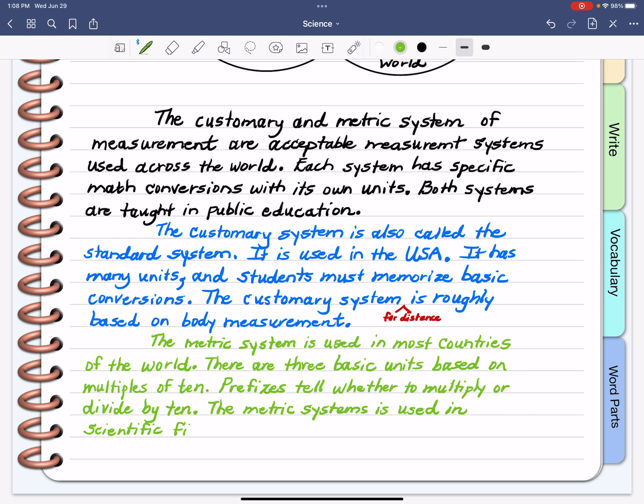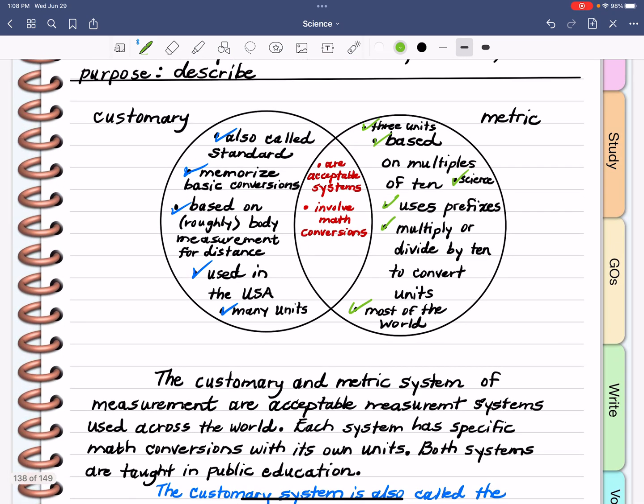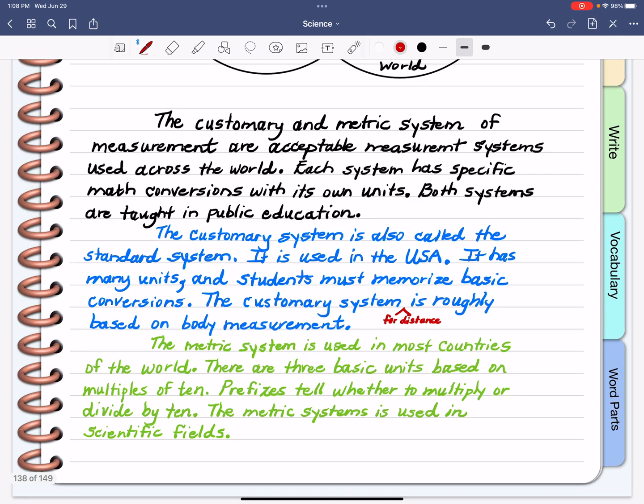Scientific fields. Okay. And so we got all of those. We got all of our red items in, and then we added one. So we have put all of those bits of information into our passage.